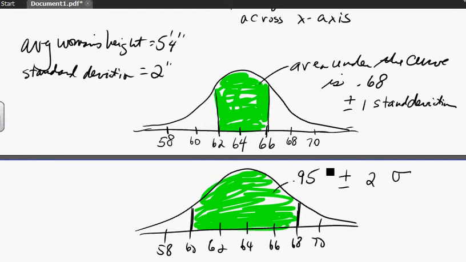And somebody said, what does this signify? I'm going to get to what this really means to you in just a second here.